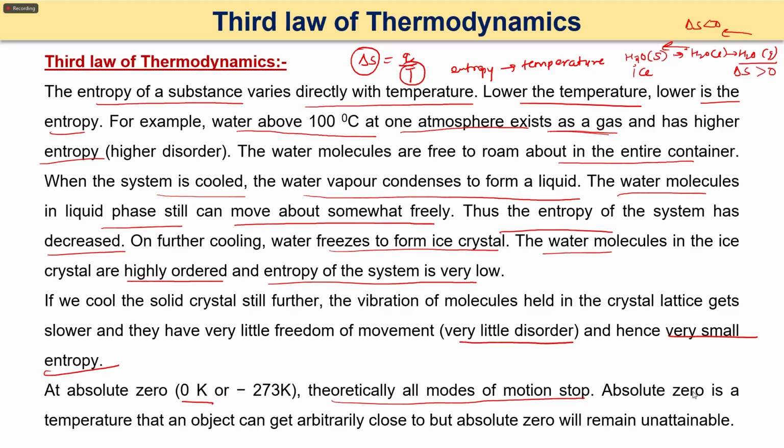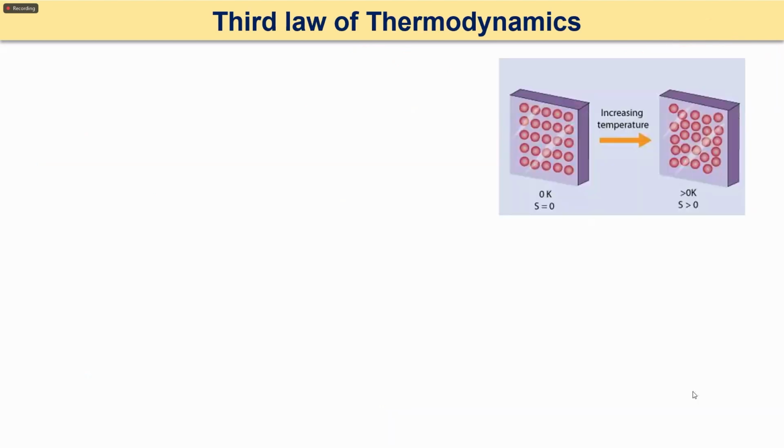An object can get arbitrarily close to absolute zero, but absolute zero will remain unattainable. Thus, the third law of thermodynamics states that the entropy of a pure crystalline substance at absolute zero is zero, because all modes of motion stop at that temperature.